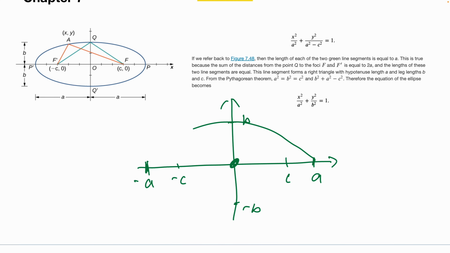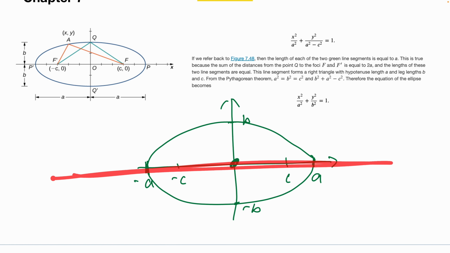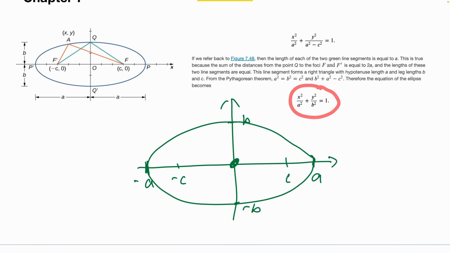And then get an ellipse. Here we have a major axis. So when you look at this equation, note that for an ellipse, it's always going to be a sum here, and that the a quantity will always be the bigger value than the b.